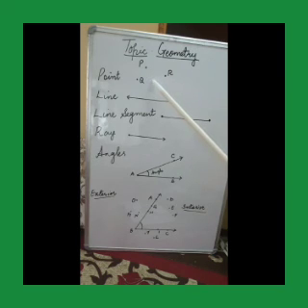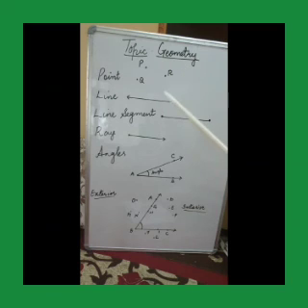Points are named using a single capital letter. A point can be physically represented by the head or tip of a drawing pen, the tip of a sharp needle, etc. Here you can see we have put some points on the whiteboard and we have named them by the capital letters P, Q, R.